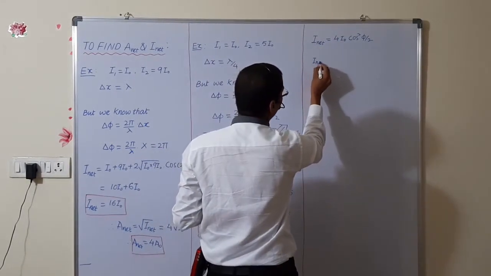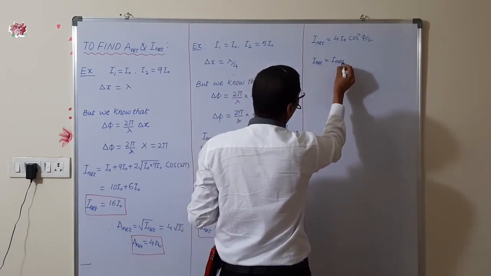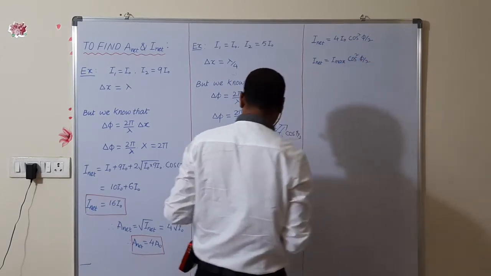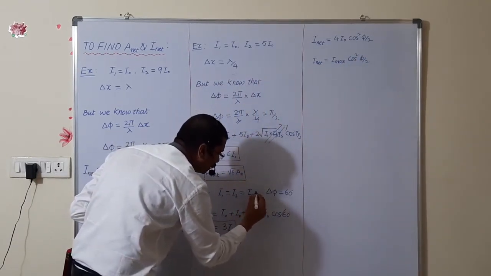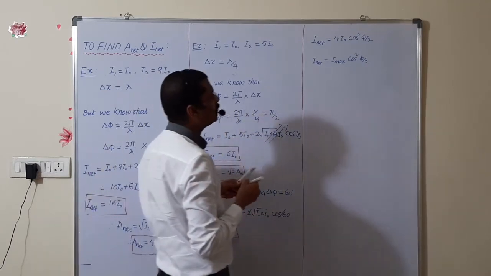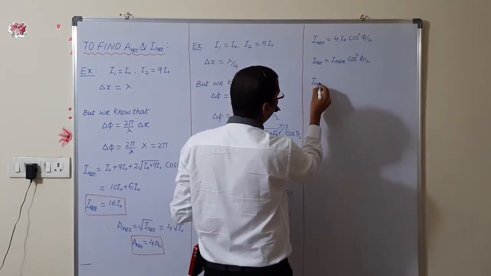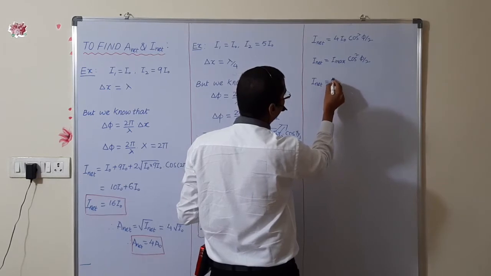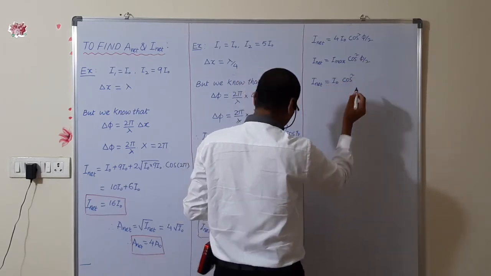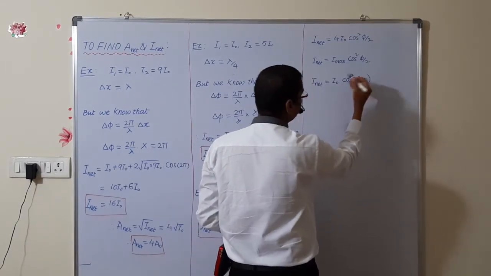Otherwise, I net is equal to I max cos square phi by 2, where this I naught value is maximum. So I net is equal to I max cos square 60 degrees by 2, which is cos 30.